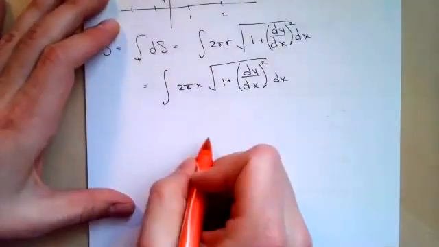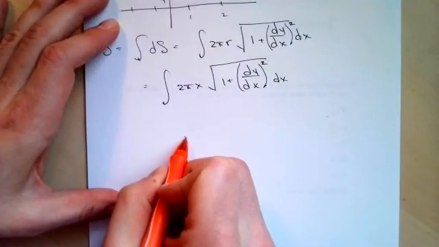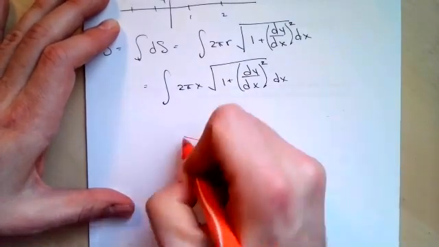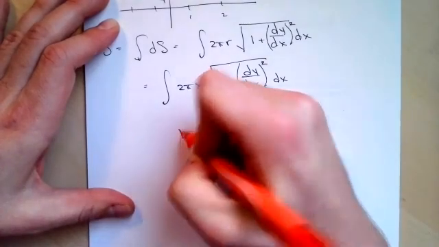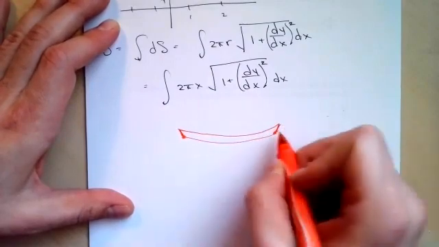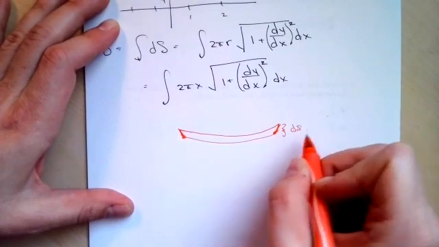Really what we've got going on is we can think of these ribbons, since they've got some curve, some diagonal, if you want to approximate it as such, as our ds, our little ds.